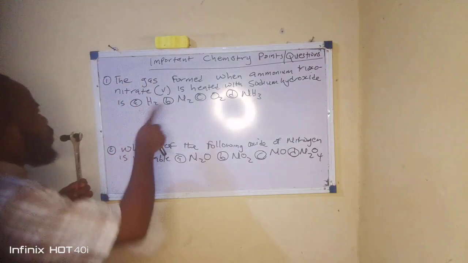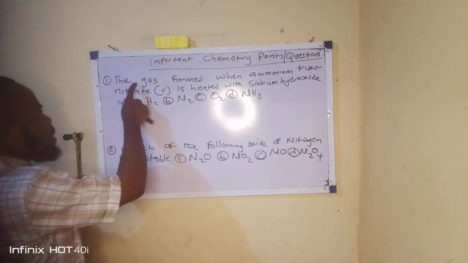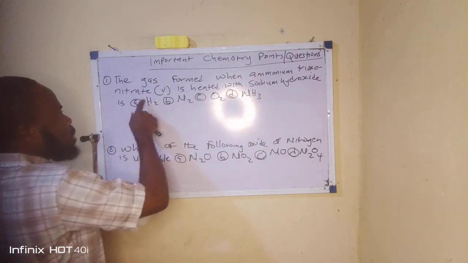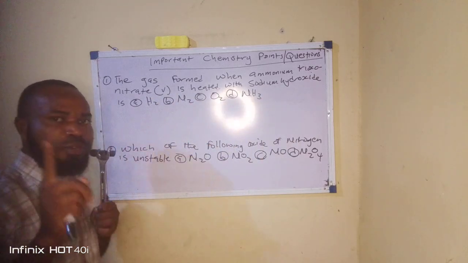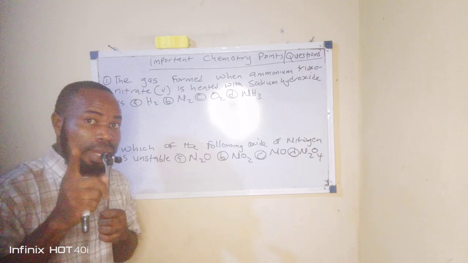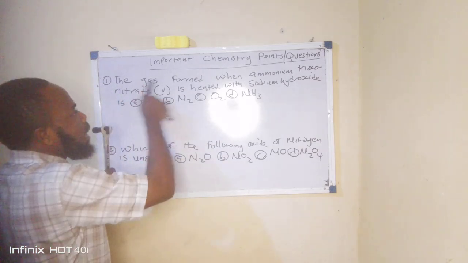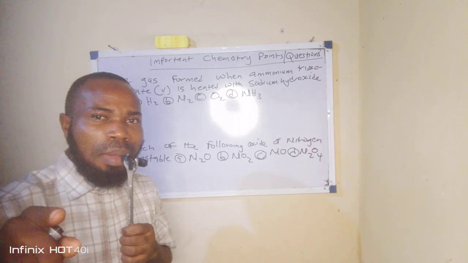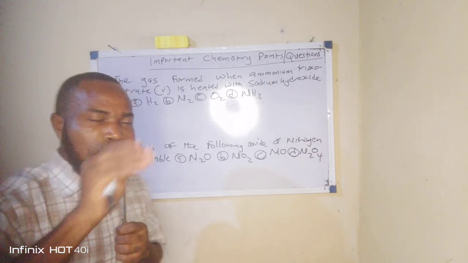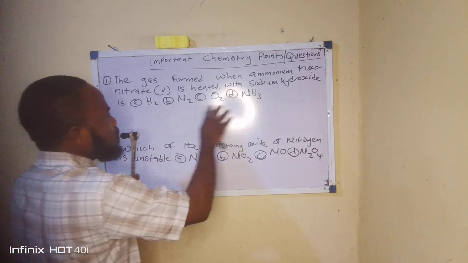Now, question number one says the gas formed when ammonium trioxonitrate(V) is heated with sodium hydroxide is dash. First off, we must be able to analyze and check out each term and each option. So after I give you the answer, I want you to know the meaning or some properties of these options.